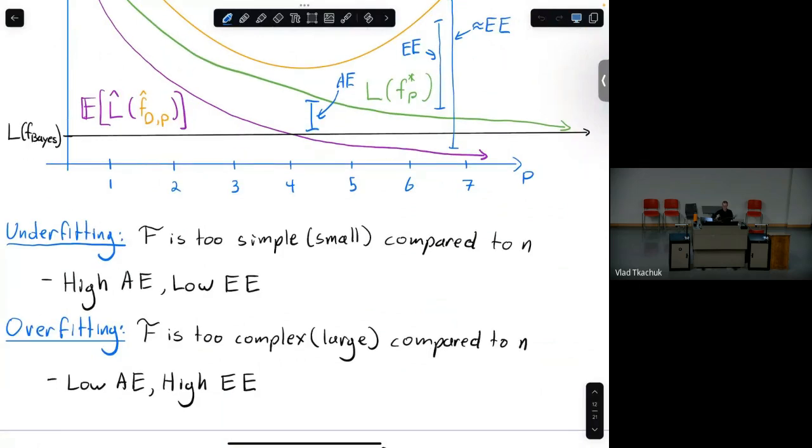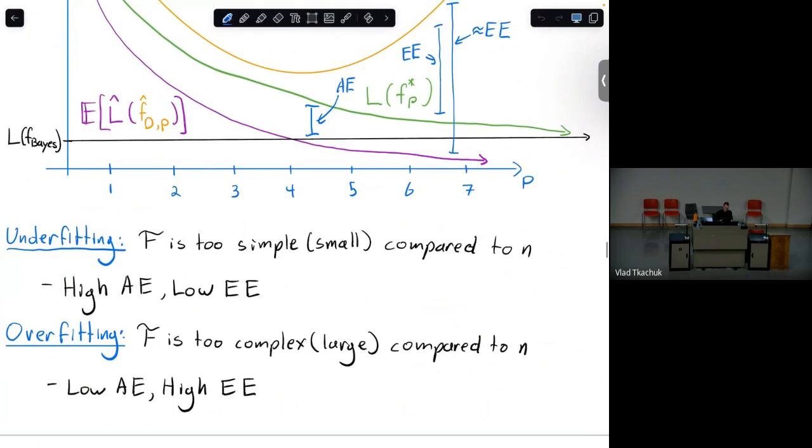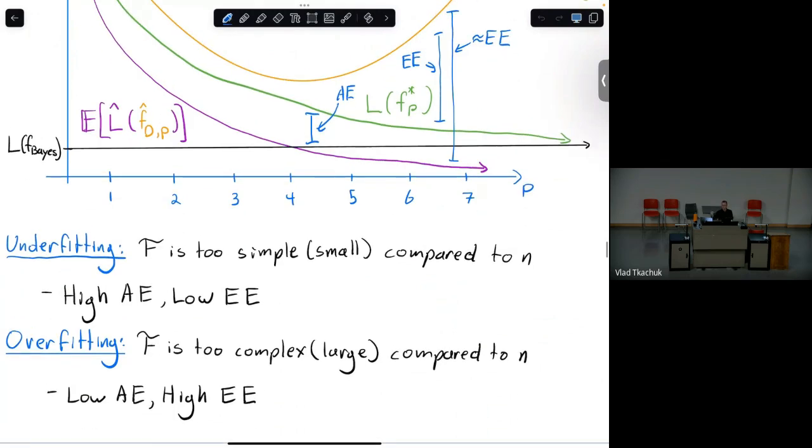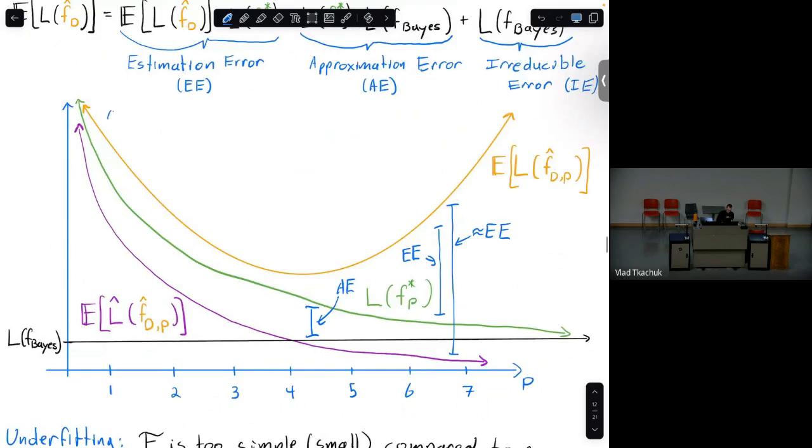And there are these two phenomena that people give terms to, and you'll hear them a lot in machine learning: underfitting and overfitting. Okay? So underfitting occurs here. This is underfitting, and on this side of the plot, there's overfitting. Okay, so when does underfitting happen?